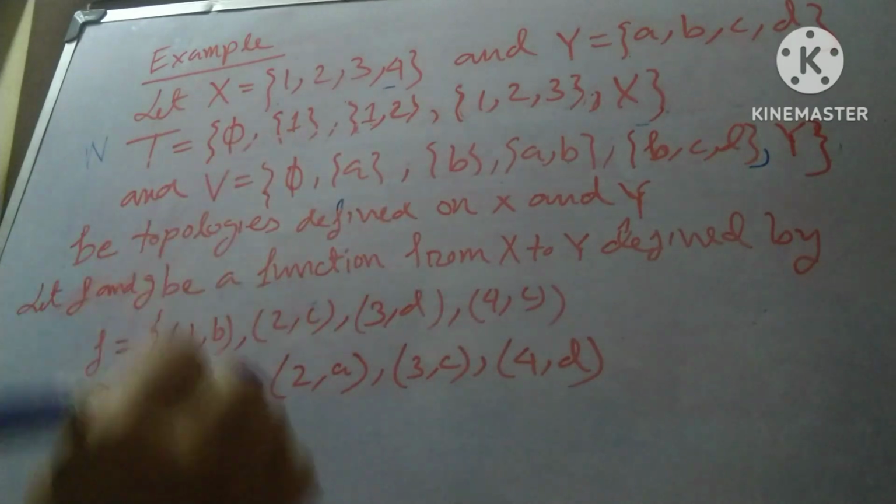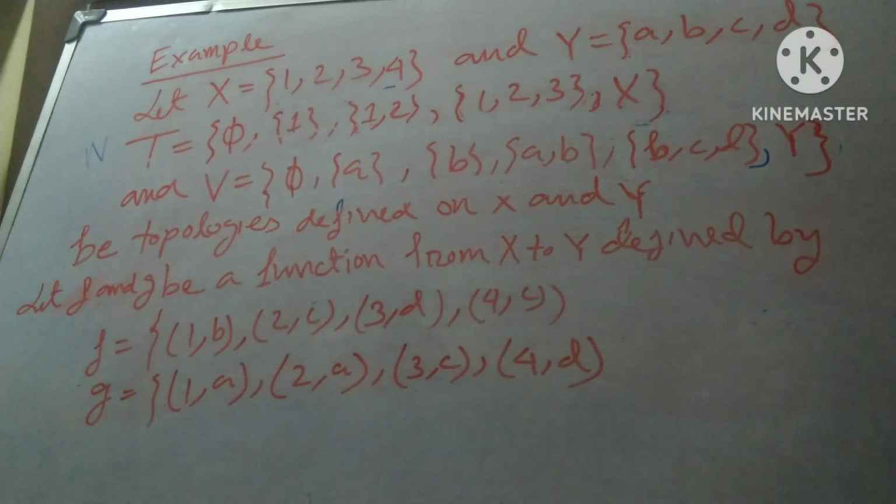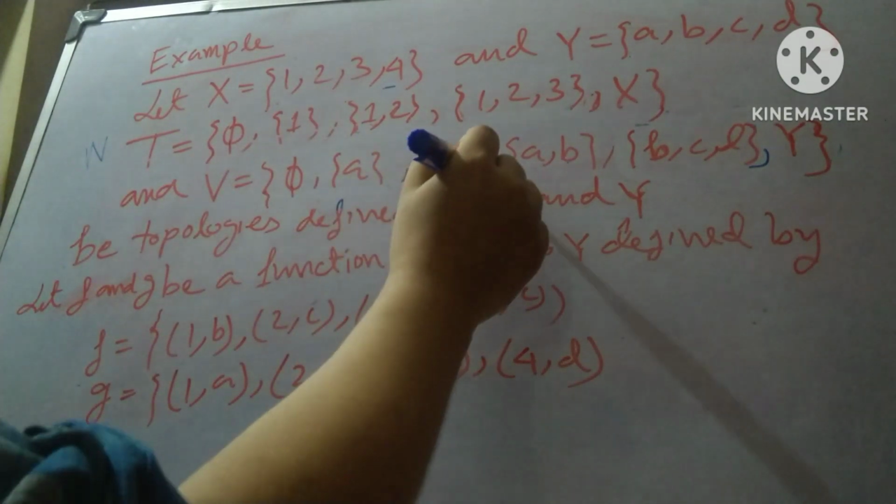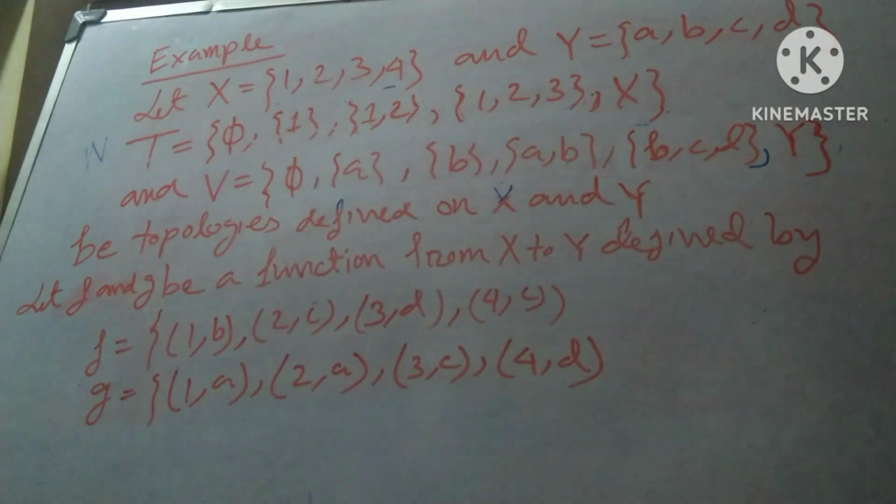So the topology is defined on X and Y. Let f and g be functions from X to Y defined by f = {(1, b), (2, c), (3, d), (4, c)} and g = {(1, a), (2, a), (3, c), (4, d)}. So friends, we need to check whether f is continuous and g is not. We have to prove this.